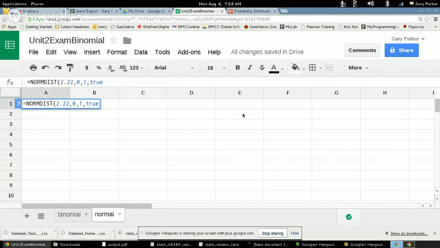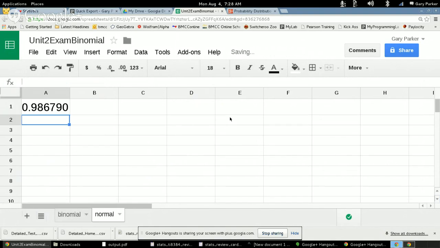With the normal distribution, you will never have anything but true there. False is completely meaningless to us. It just gives us a point on the curve as opposed to an area, which represents probability. We always want probability. So I hit enter, and like the table, it gives me a left tail. So I want to do 1 minus that to get the right tail.